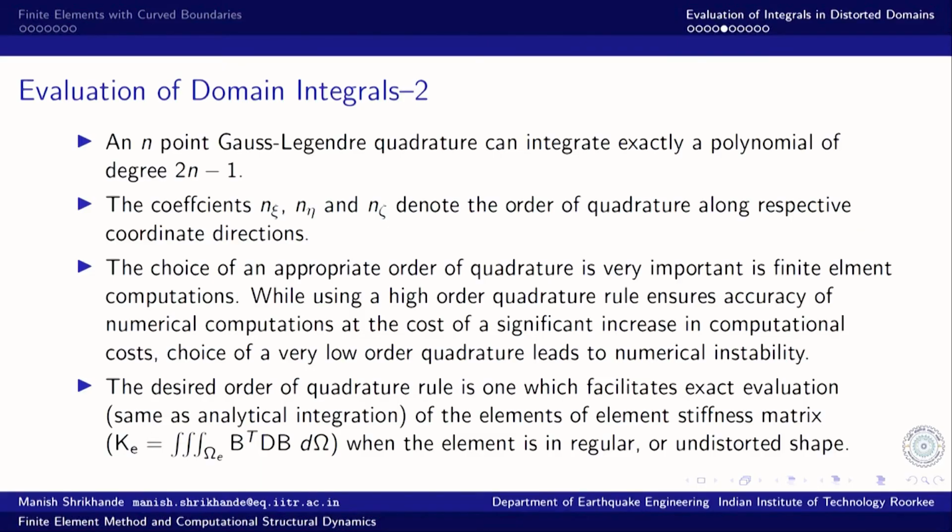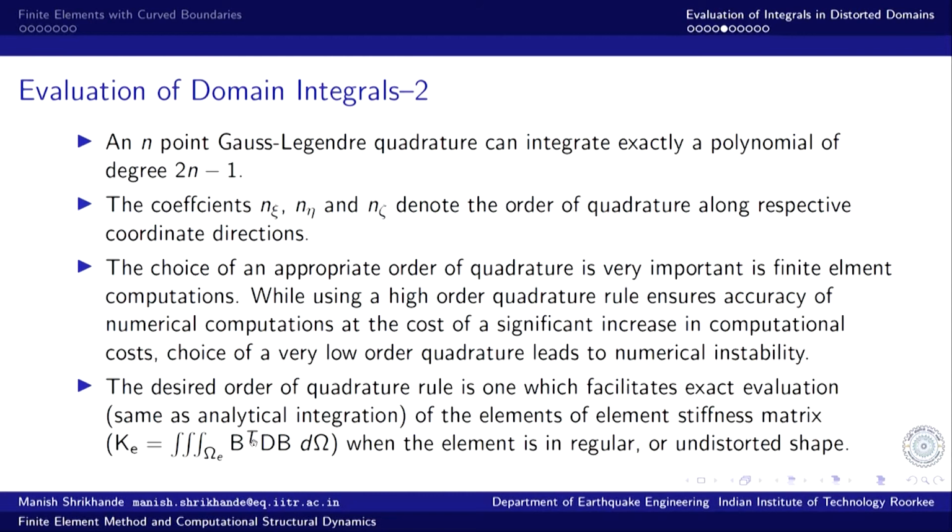Again I refer back to the domain integral from solid mechanics applications. So, that is the strain displacement matrix B transpose D B, where D is the constitutive relation matrix and B is again the strain displacement matrix. So, if I evaluate this when the element is in regular undistorted shape, so there is no distortion whatsoever, that means the parent geometry is the same as the distorted geometry.